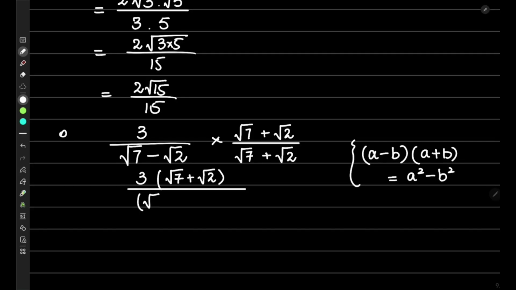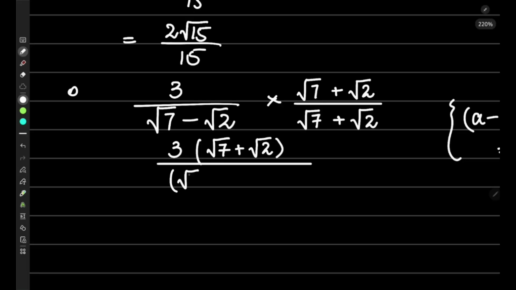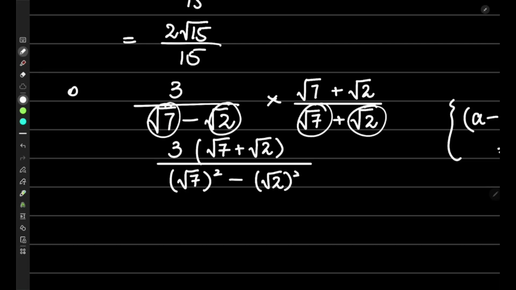So we have root 7 minus root 2 times root 7 plus root 2. It will become root 7 square minus root 2 square, because this is a minus b and a plus b. So a is your root 7 and b is your root 2. Now when you solve it, you know that square and square root cancel out.